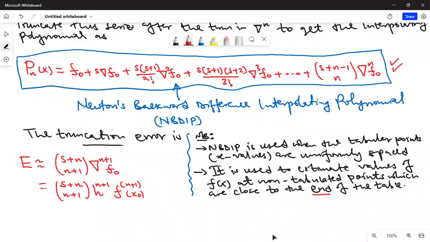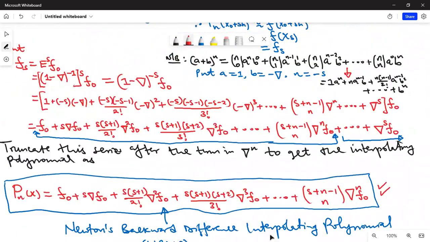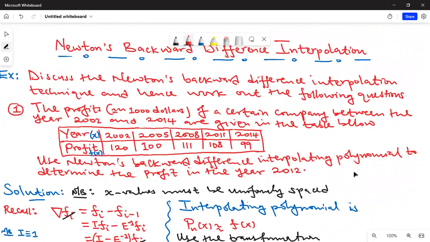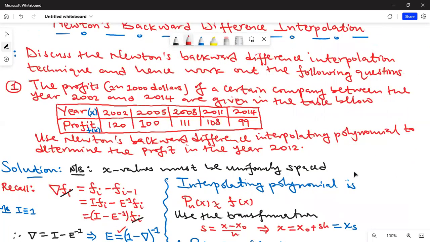Look at our table. Let me take you back to our table. We are given the year versus profit, and we said let the year be X and let the profit be F of X. So for us to be able to get the profit during the year of 2012, we first of all need to come up with a finite difference table for this data.